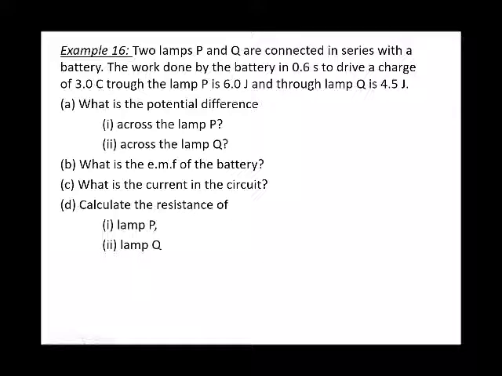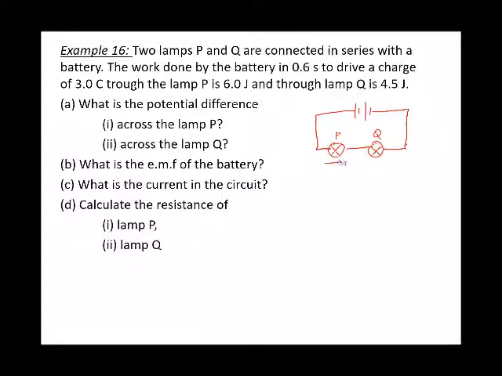Okay, right. Now let's take a look at example 16. You have two lamps P and Q connected in series with a battery. So put a battery there, two lamps P and Q, connected in series. Let's call this P and this Q. The work done by the battery in 0.6 seconds to drive a charge of 3 coulomb through lamp P is 6 joules.